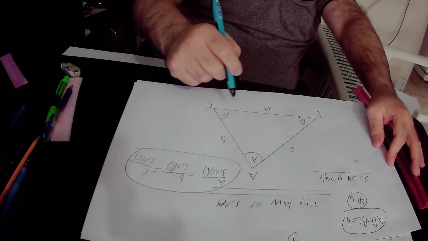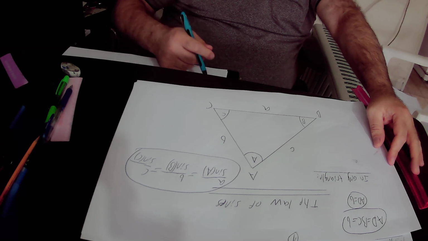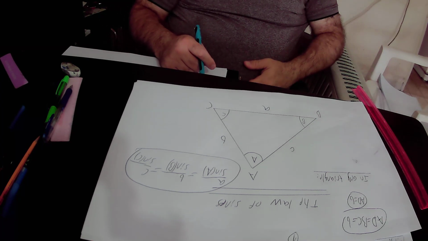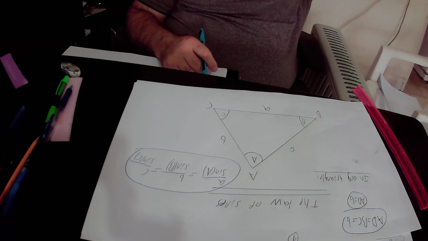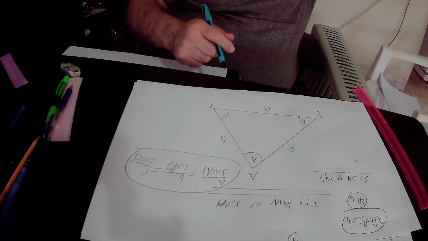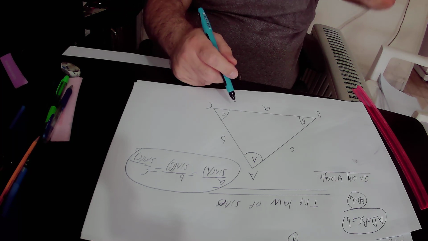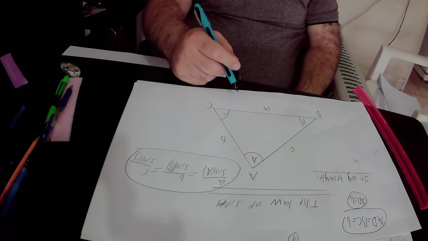Again, capital A, B, and C are the sizes of the angles in triangle ABC, and small a, b, c are the lengths of the triangle's sides.